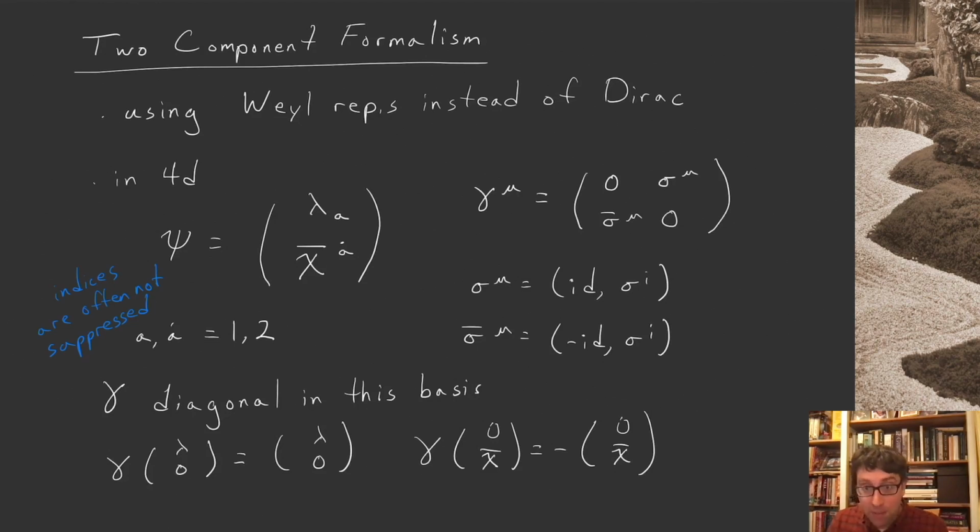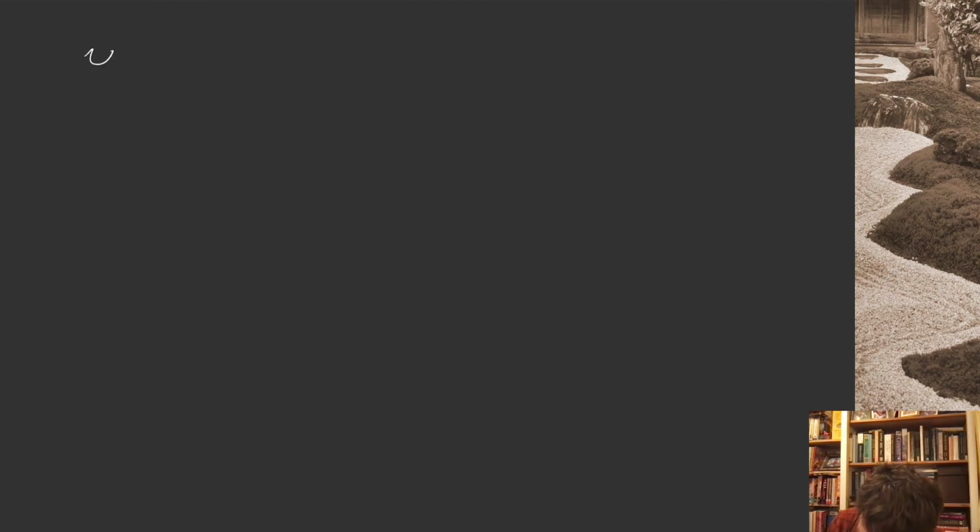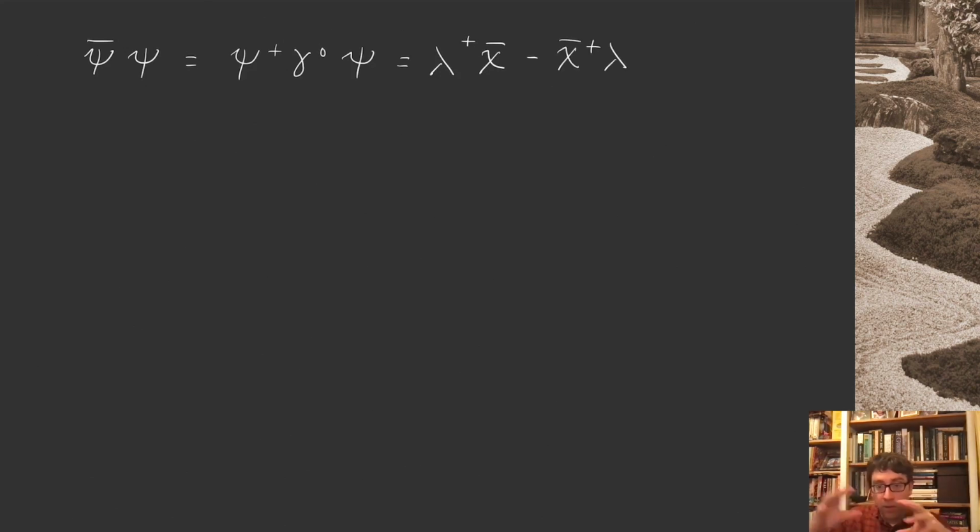Now let's see how our inner products interface with this formalism or decompose under this formalism. So for example, we could consider psi bar with psi, which as we discussed is psi Hermitian conjugate gamma 0 with psi. And now gamma 0, remember, it's formed from these time-like Pauli matrices, which we decided were just the identity and minus the identity. And so when we contract psi bar with psi in this basis, we're going to find lambda dagger chi bar for the first component, and we're going to find minus chi bar dagger lambda for the second component. So these off-diagonal ones are going to mix the lambda and the chi spinors.